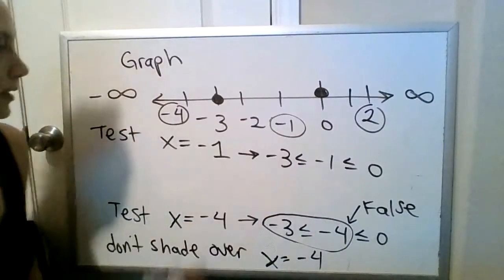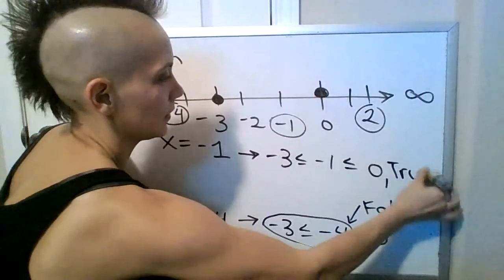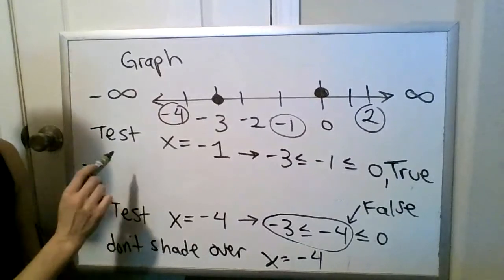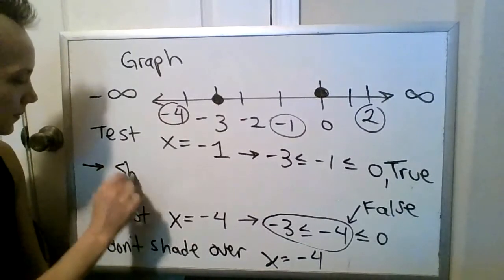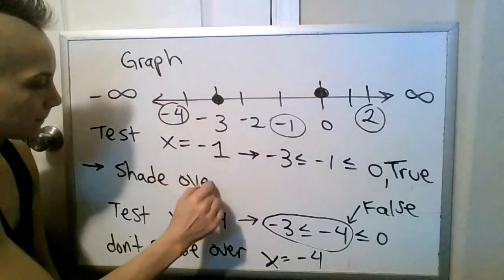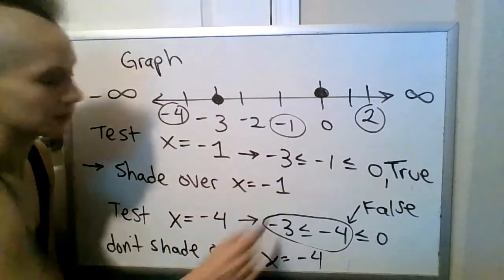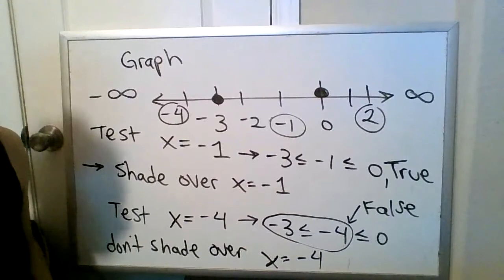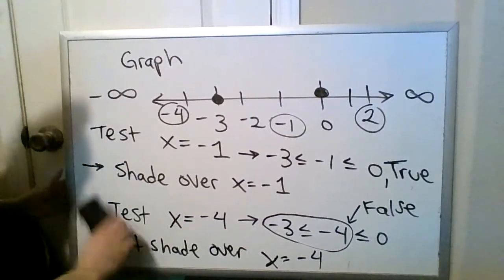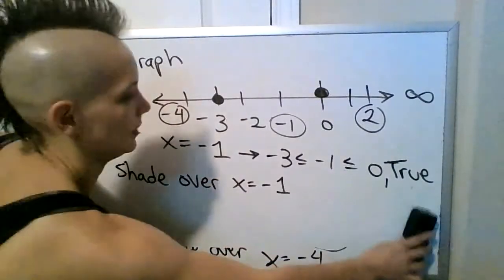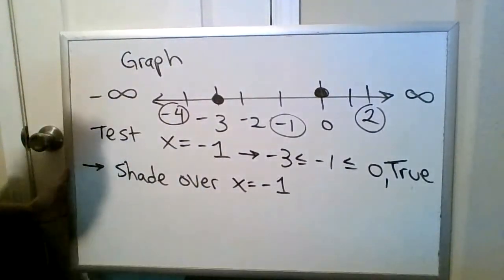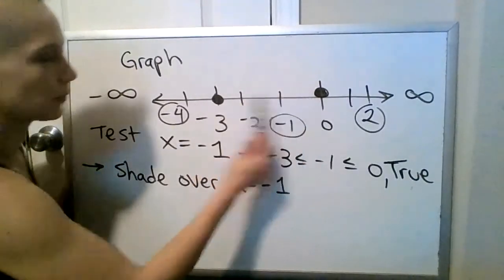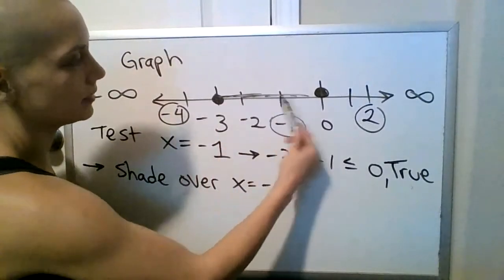So this is true. So you will shade over x equals -1. And last test. So that's a solution, and this piece here is part of the solution section. Part of your set of solutions.